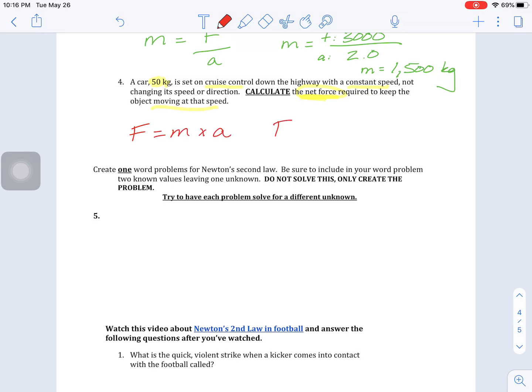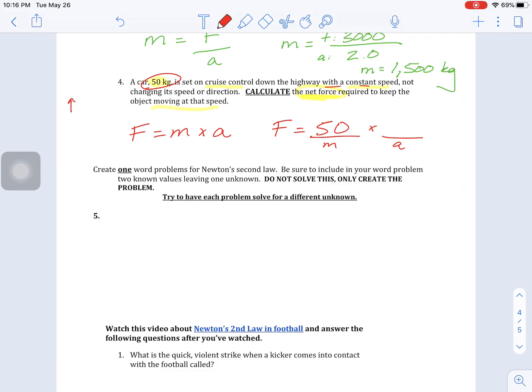Right? So here I have force. I know the mass is 50 kilograms. And then acceleration, I don't have another number. But I do have some information about the acceleration of a car.